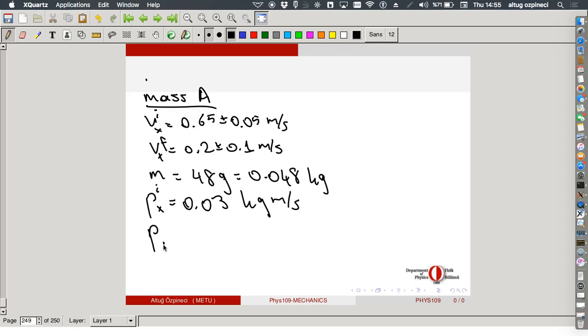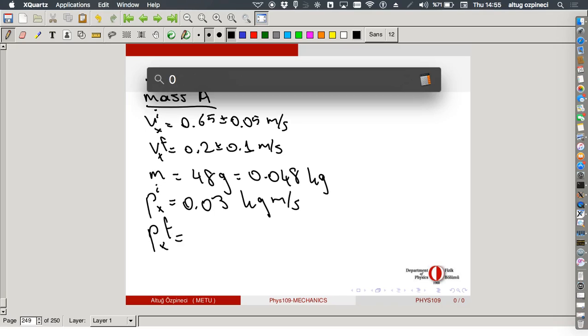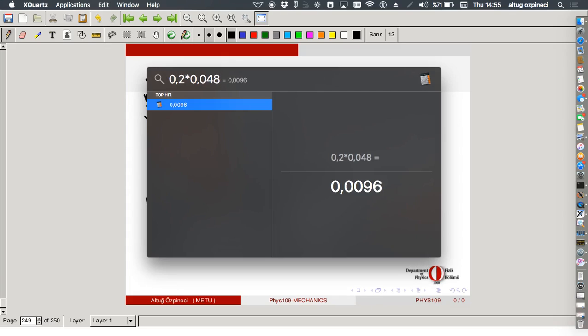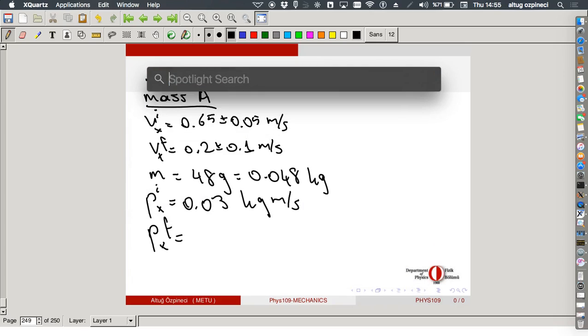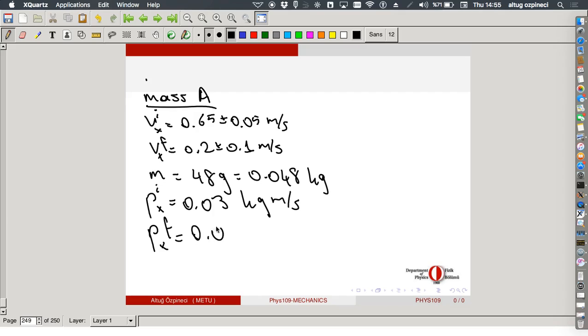And the final momentum, okay, it's this one, 0.01 kilogram meters per second. Do you agree? Yes or no? Or are you just asking why we are multiplying those numbers? Okay.